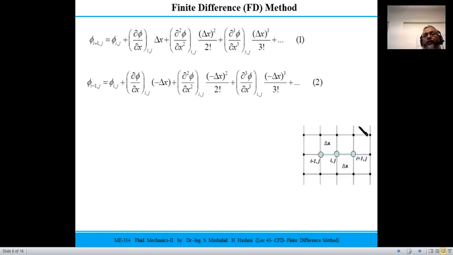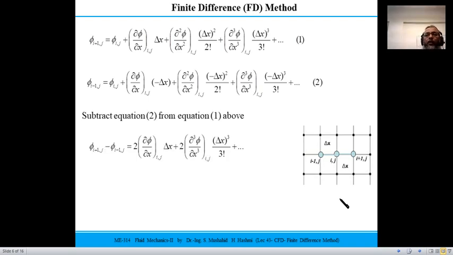What I can do now is I have the information of the forward as well as the backward. So I subtract equation 2 from equation 1. By subtracting these two equations, I got this expression, and now I need to bring the first derivative on the left hand side and everything else on the right hand side.